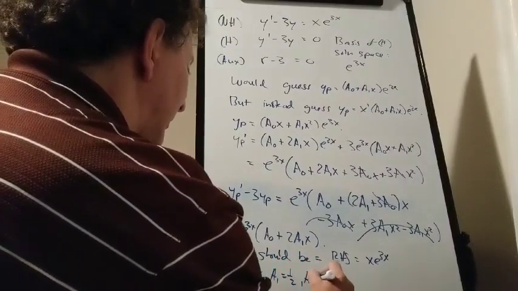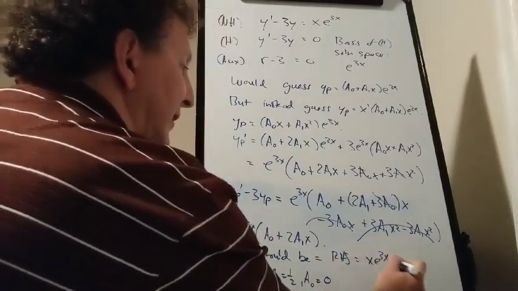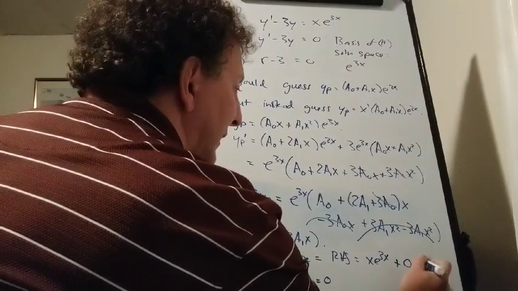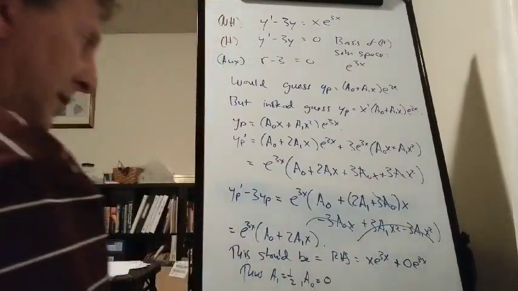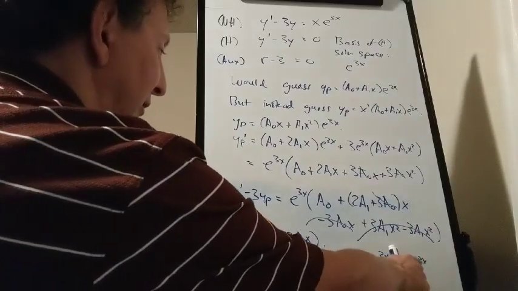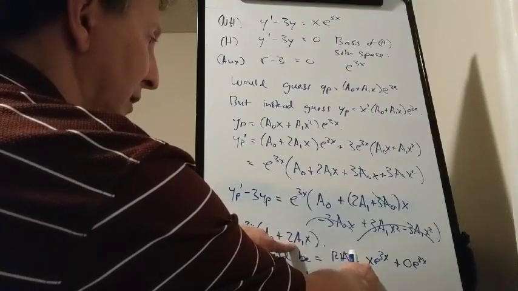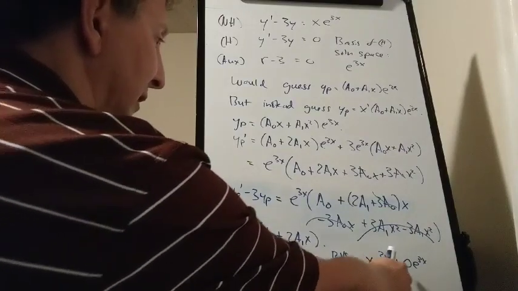And a naught has to be 0, because this is x e to the 3x plus 0 e to the 3x without an x. So comparing the coefficients of x e to the 3x and just regular e to the 3x on both sides, we get 2a1 equals 1 and a naught equals 0.